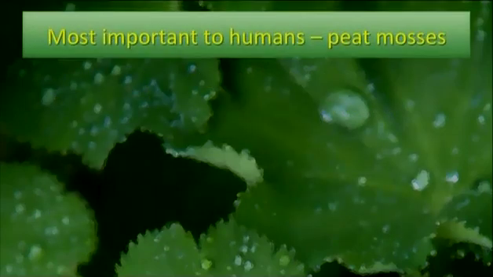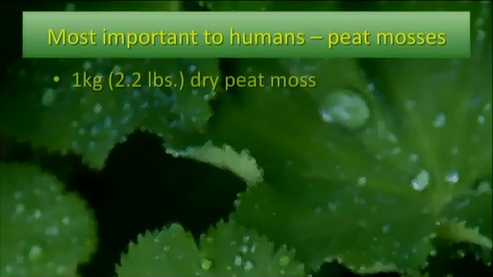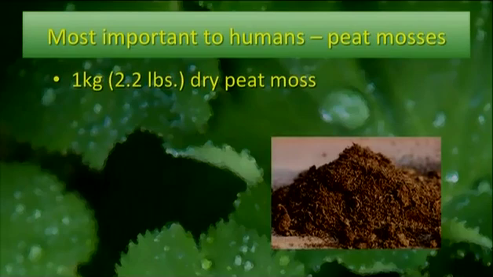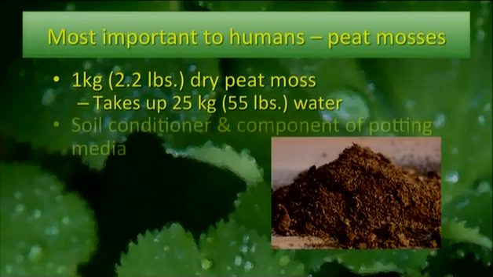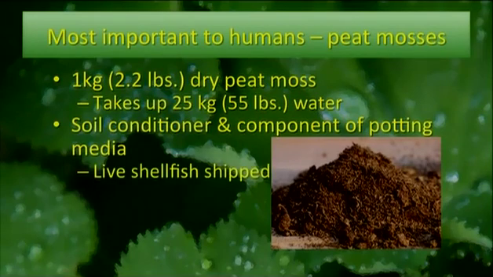Of the different kinds of bryophytes, the most important to humans are the peat mosses. Why is that? About 2.2 pounds of dry peat moss can absorb up to 55 pounds of water, which makes it very valuable as a soil conditioner and part of potting media. They also ship live shellfish in peat.